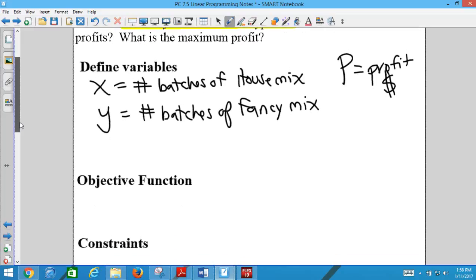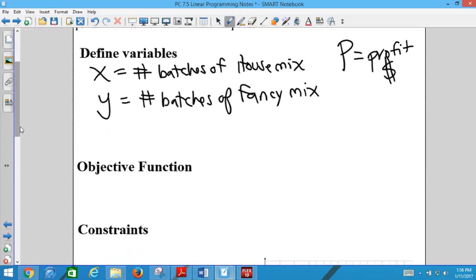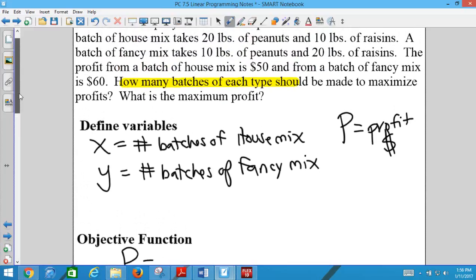The objective function is for profit in this case. It's going to be how do I find my profit? So when you look through the question, you're looking for things that have to do with profit. Is there anything up there that has to do with profit?